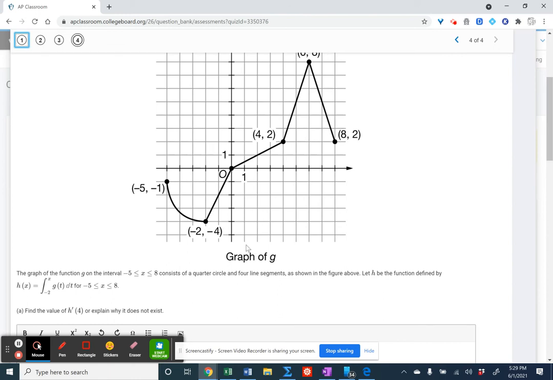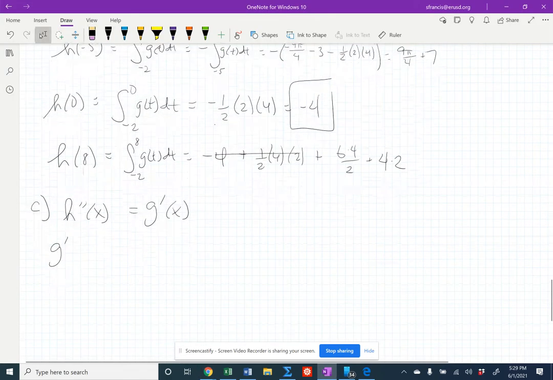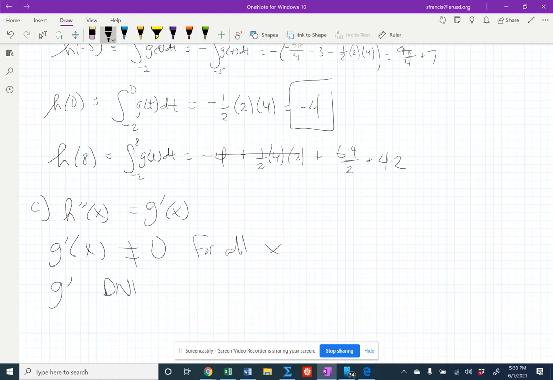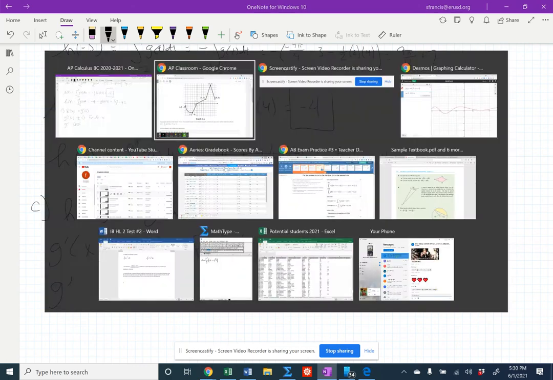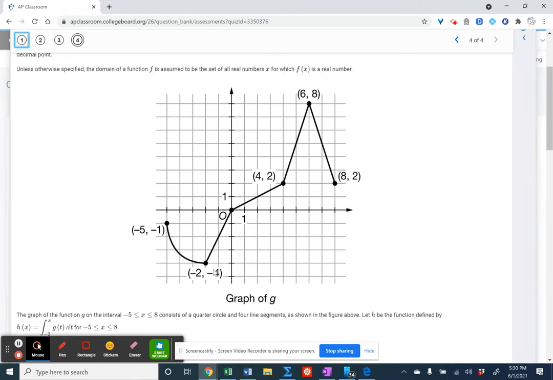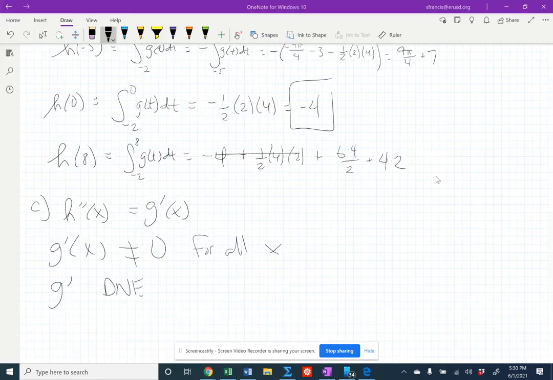But all these pieces are non-horizontal lines, so G prime of x does not equal 0 for all x. G prime does not exist at all of those sharp turns, so that's going to be at -2, 0, 4, and 6.